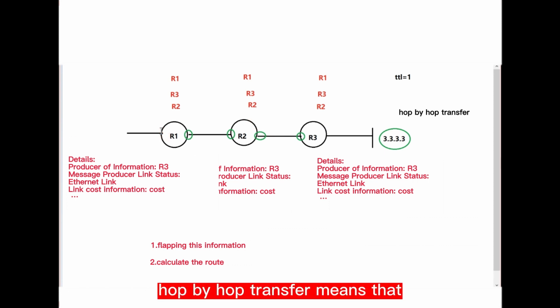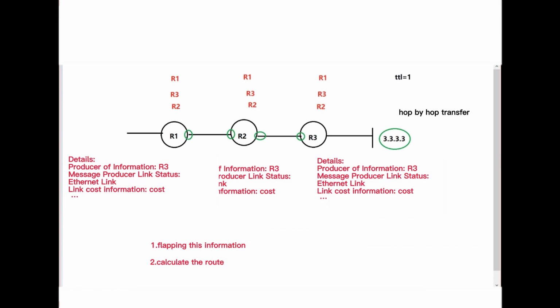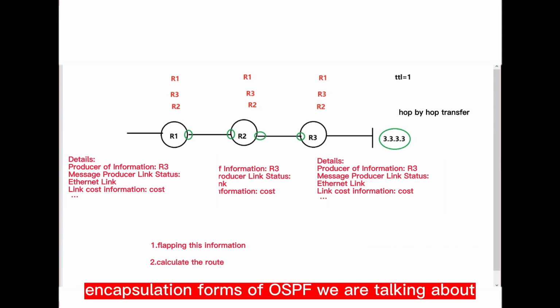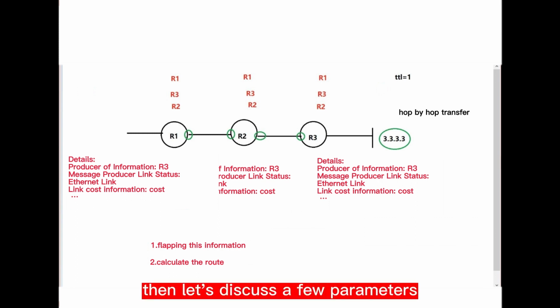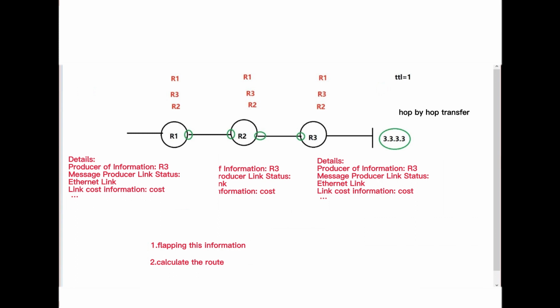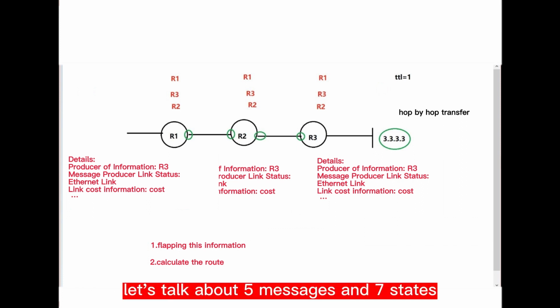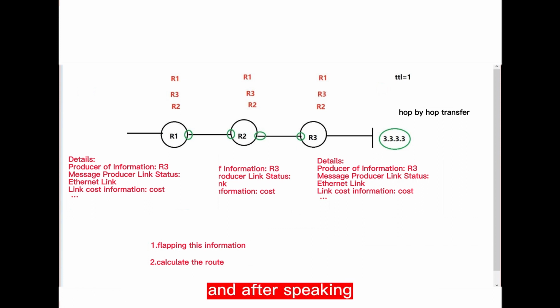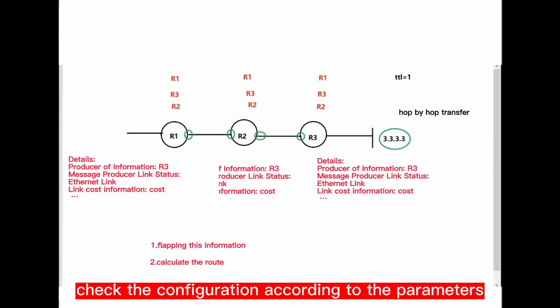Hop-by-hop transfer means that devices must transfer one by one. It has no way to cross devices. These are some basic encapsulation forms of OSPF. Then let's discuss a few parameters. After that, let's talk about 5 messages and 7 states, and after speaking, check the configuration according to the parameters.